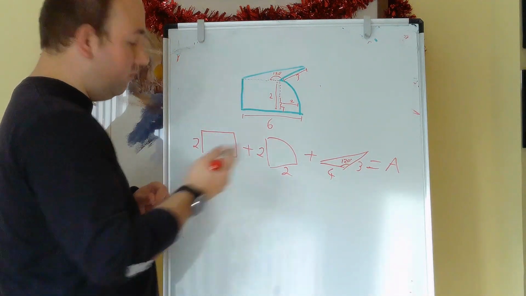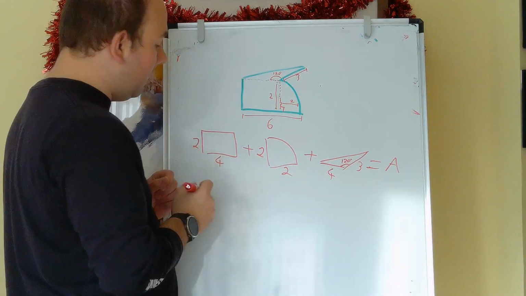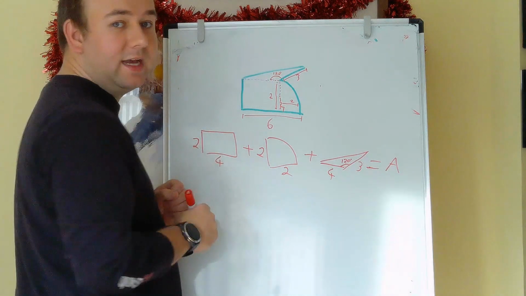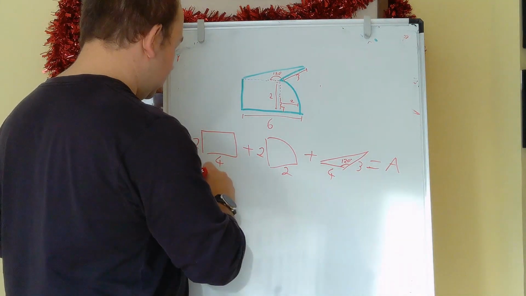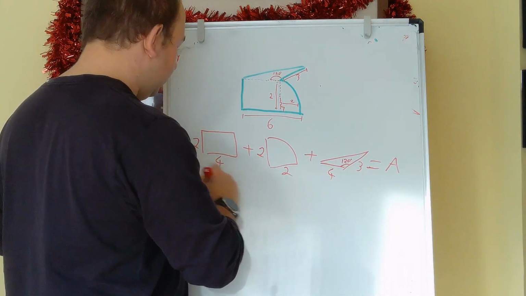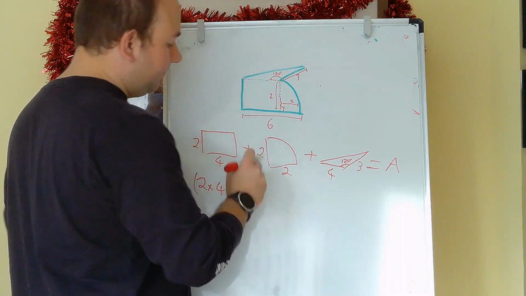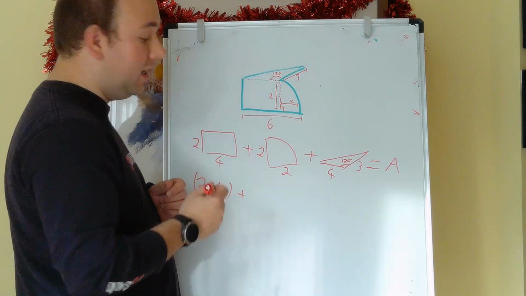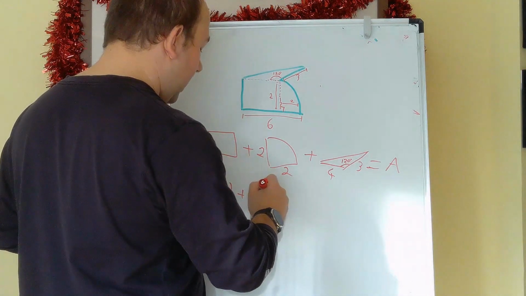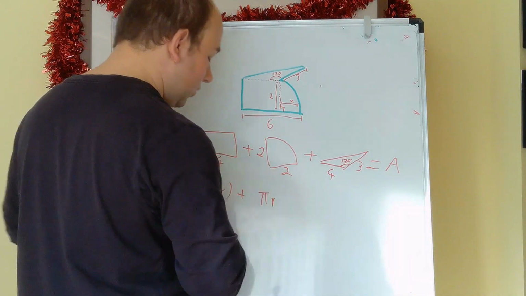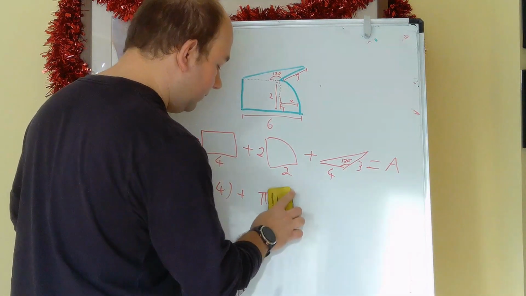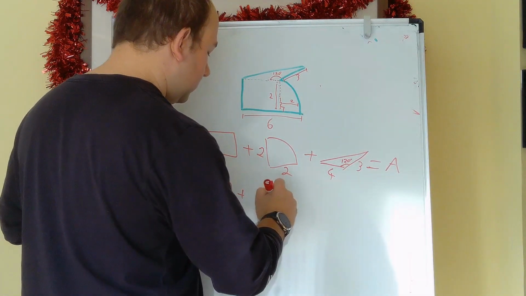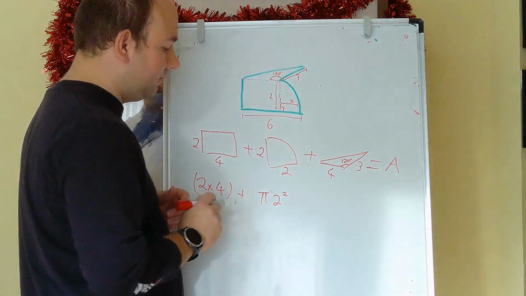So I can start working through the bits that I know now. The area of this rectangle is just the length times the base, so that's 2 times 4. Plus, this is the area of the circle, which is pi r squared, so this is pi times 2 squared.